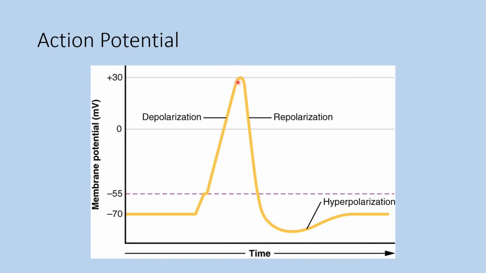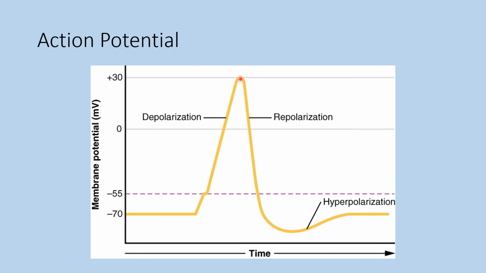Now you're actually at a +30 charge. This dotted line right here is threshold. That's kind of the magic number. If you only got to here and you didn't quite reach that -55, nothing would happen. Once you hit threshold, it's all or nothing. Boom, we've got the action potential. Now your sodium gates are going to close. Your potassium gates open. Potassium is high inside the cell.